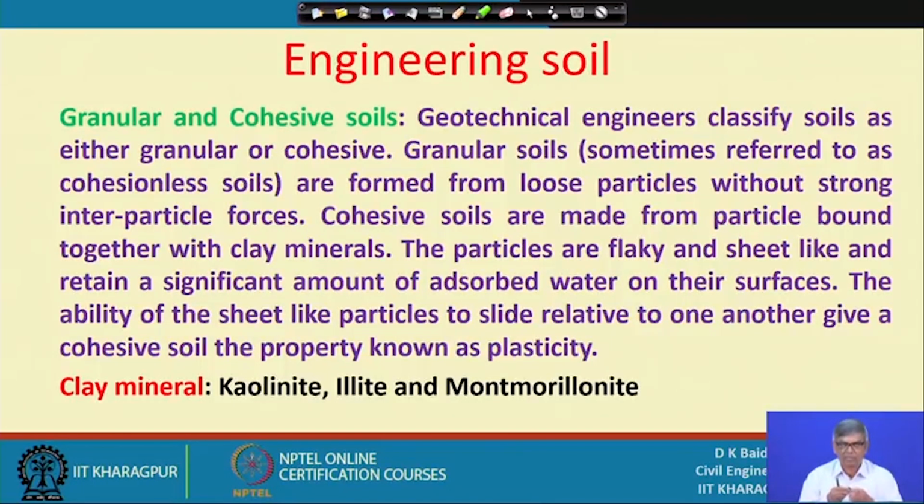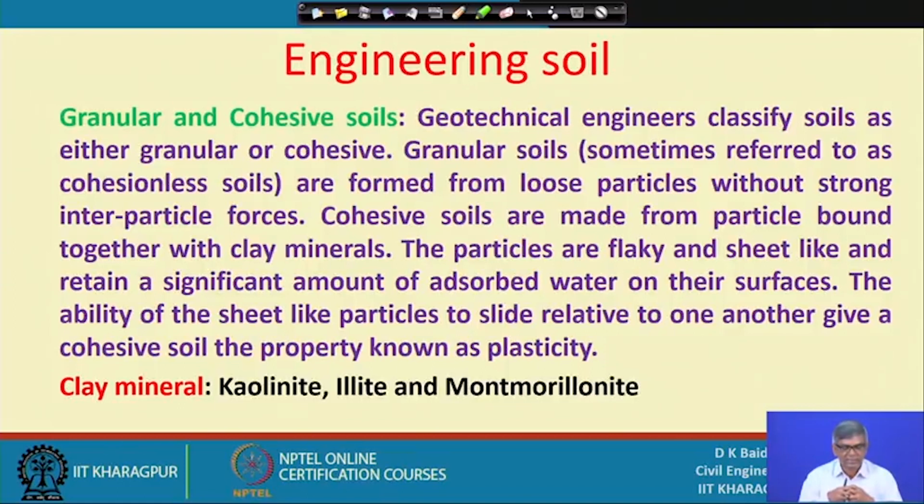forces. When it is a sand or this cohesionless soil, two particles in contact can transfer load, but since they do not have any bond, sometimes it is easy to separate. Cohesive soils are made from particles bound together with clay minerals, and the particles are flaky and sheet like and retain a significant amount of absorbed water on their surfaces.